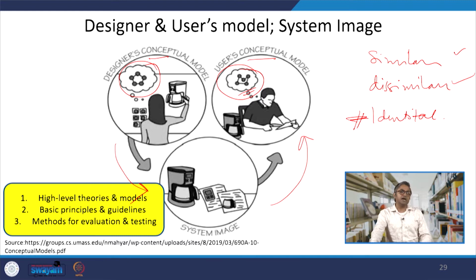We need to understand that high level theories and models are involved here. Higher cognition is involved. The designer has to rule out facts, models, and much information as per the need of the user. There may be several pieces of information and data which the user does not recommend or use.